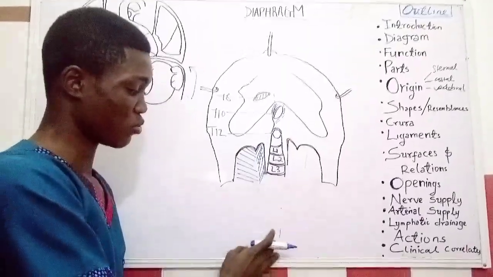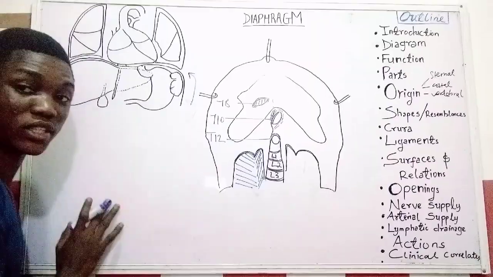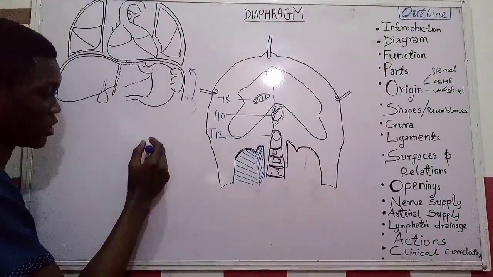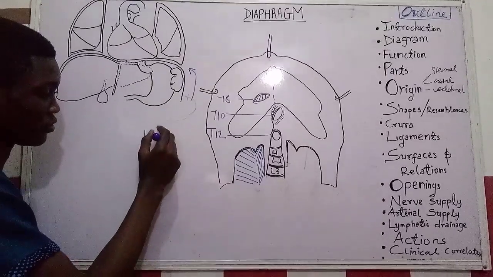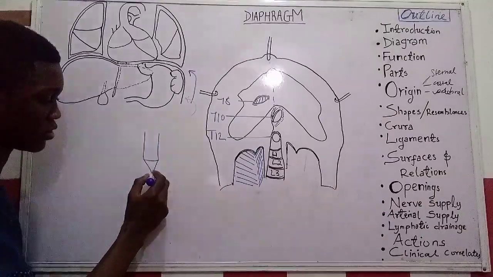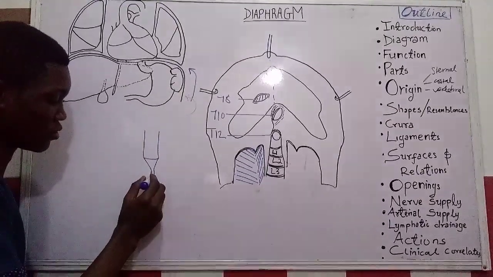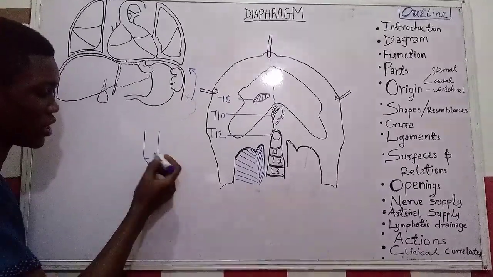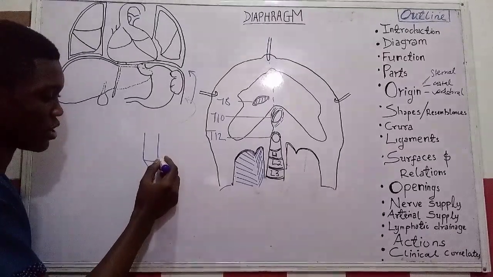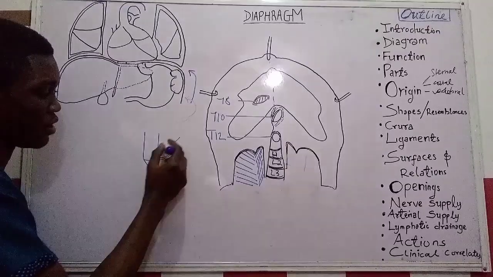So one of them is the space of Larrey. I'll be drawing to show this. Yeah, so we have the space of Larrey. This is the xiphoid process here, and this is the sternum.